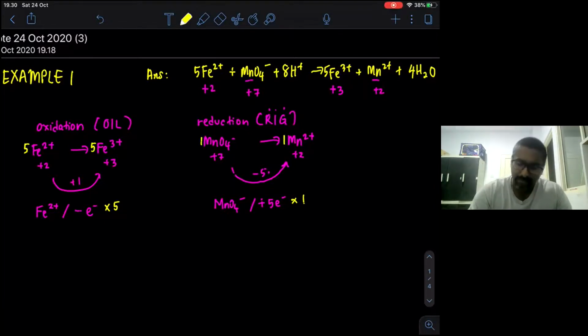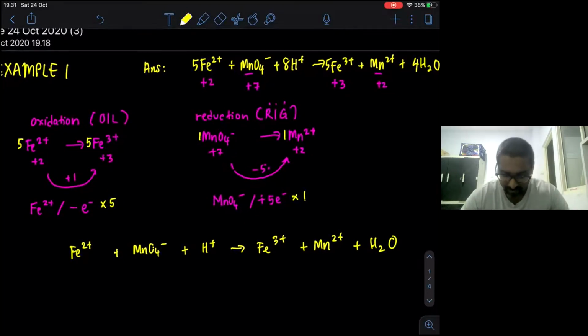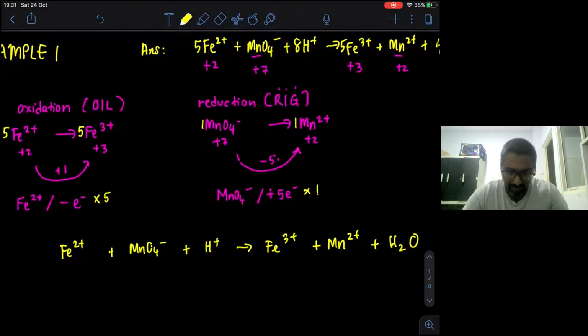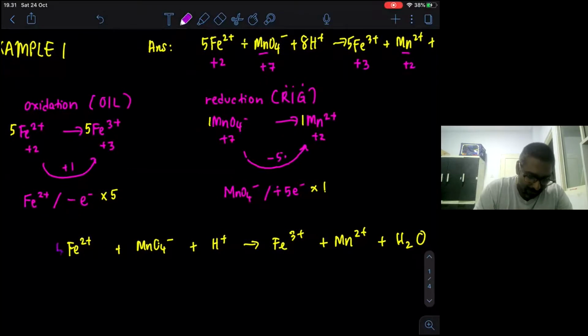So what is next? If I have, for example, Fe2+ plus MnO4- plus H+ to give me Fe3+, Mn2+ and H2O, and I want to balance this, since I have calculated, I know this is going to be 5, and this is going to be 5.